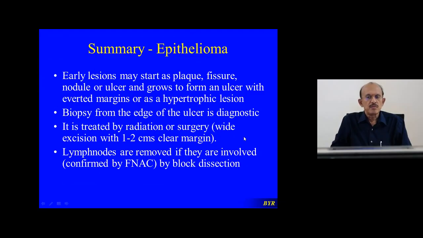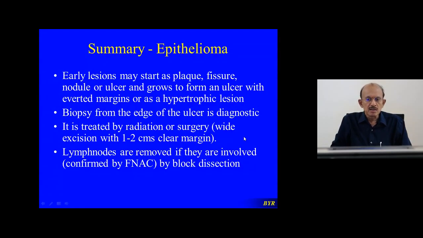So what are the tissues that have lymphatics? The fascia, the vascular sheaths, the muscles. These are the structures which contain the lymphatic vessels. So you remove the lymph nodes along with fascia, along with muscles, along with fibrofatty tissue that is there in that region.